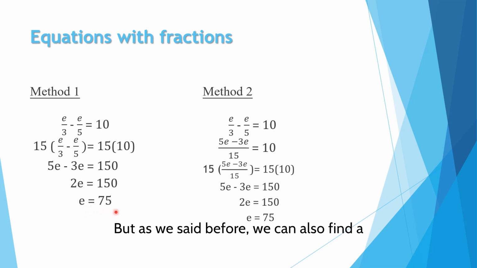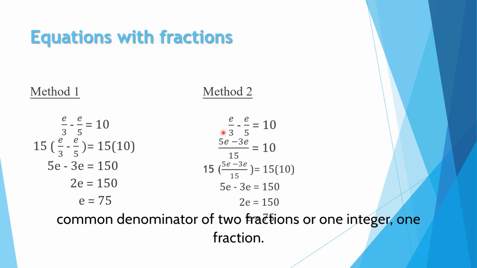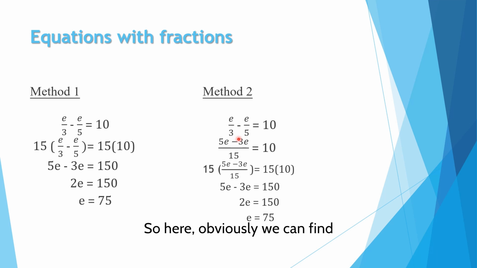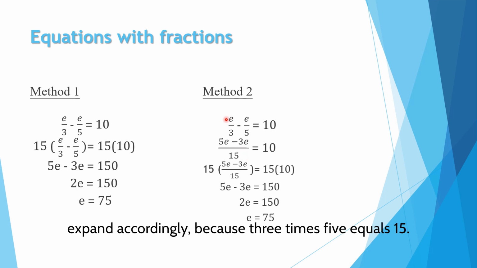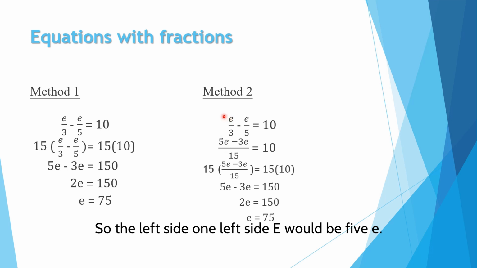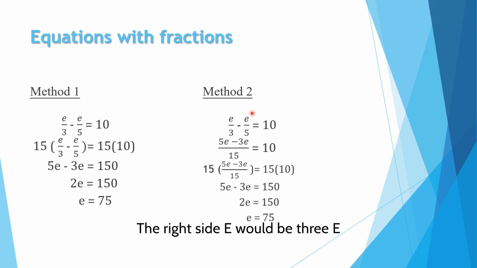But as we said before, we can also find a common denominator of two fractions, or one integer and one fraction. So here obviously we can find a common denominator of 15. So the upper part you also need to expand accordingly. Because 3 times 5 equals 15, the left side e would be 5e, the right side e would be 3e, because 5 times 3 equals 15.